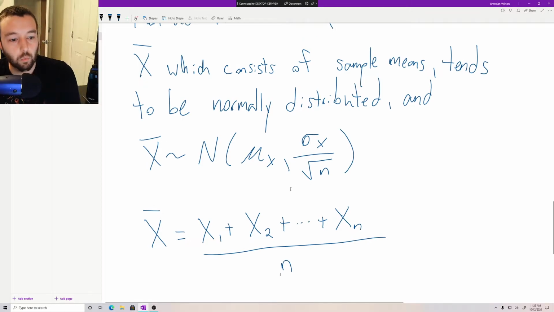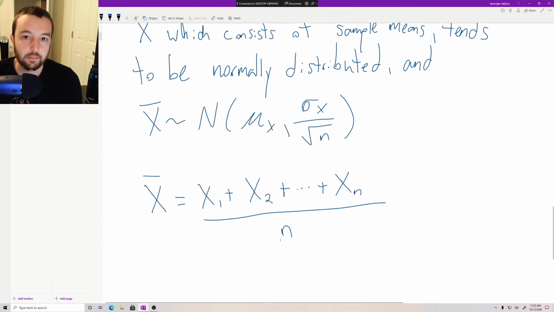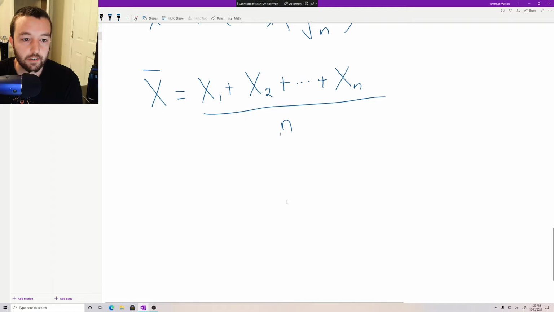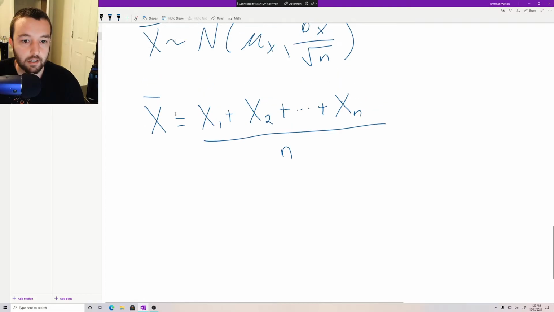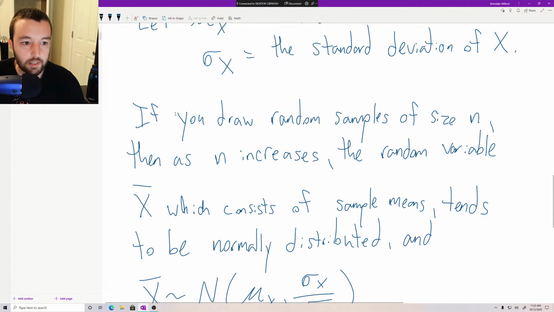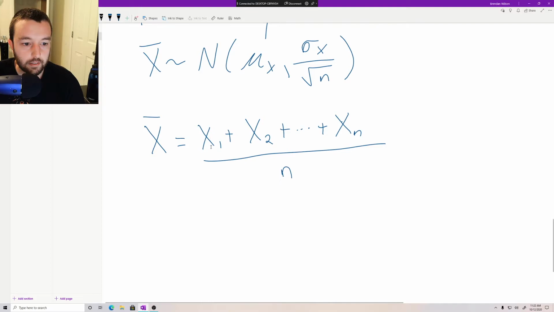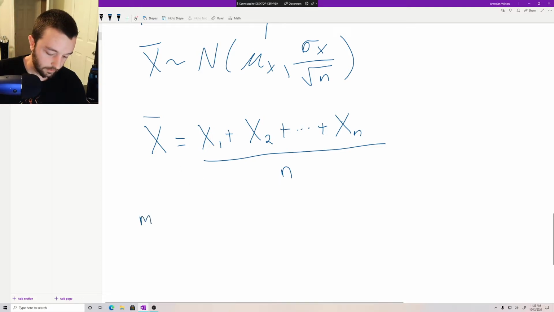So why does it end up having the same mean? Well, we can figure this out just using some of the definitions we had. If we think about what the mean of X bar is, let me write it out.